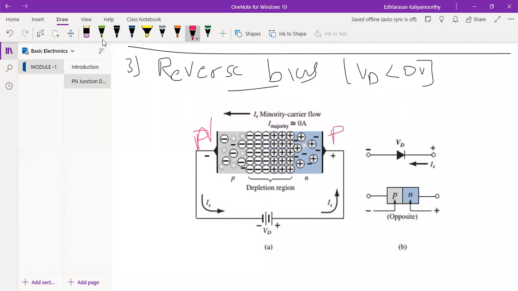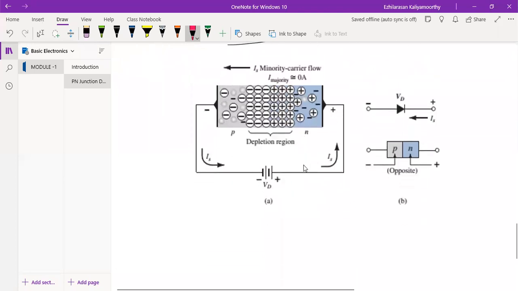Compared to the previous, we just reversed the polarity. The P type is connected to the negative terminal of the battery. The N type is connected to the positive terminal of the battery. So when I give the opposite, what will happen here? This is negative, and this is positive.